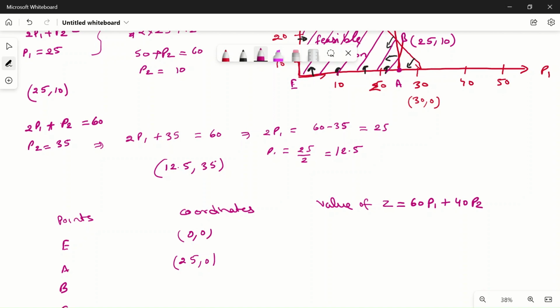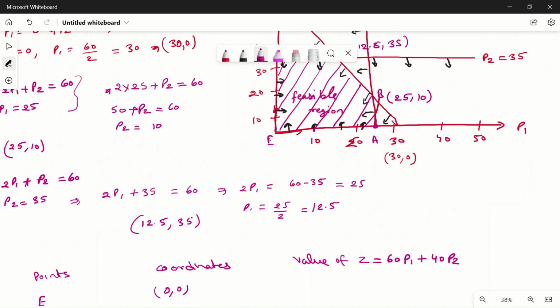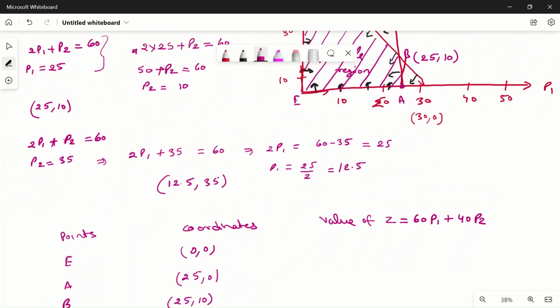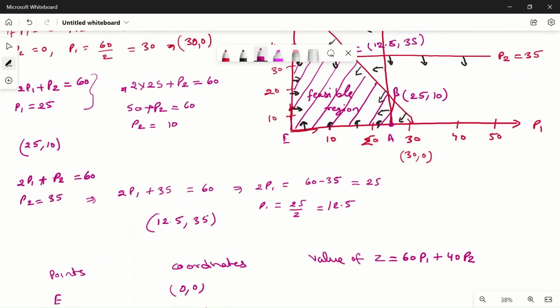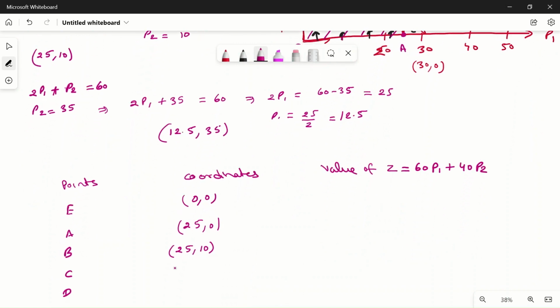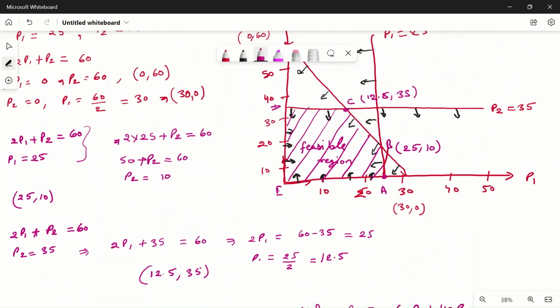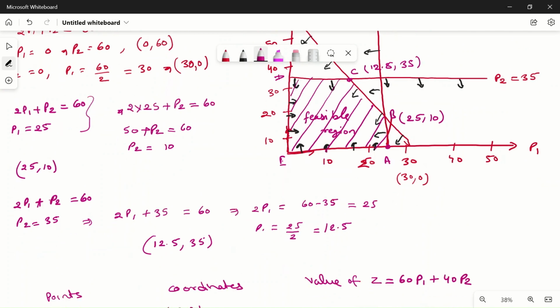Point B is 25, 10. Point C is 12.5, 35. Point D is 0, 35.